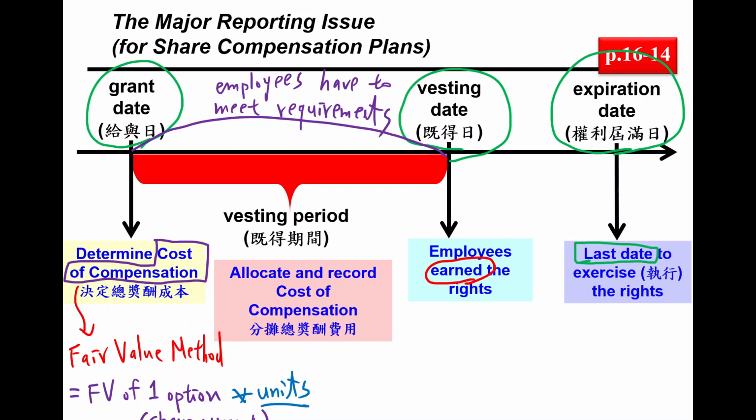This is how we determine the total cost of compensation. But how do we find out one option's fair value? Using an option pricing model, right?